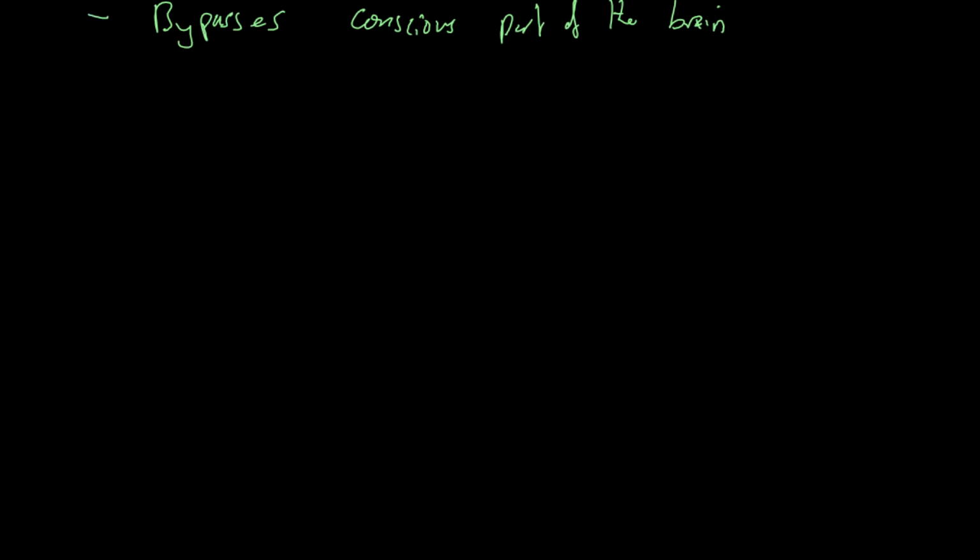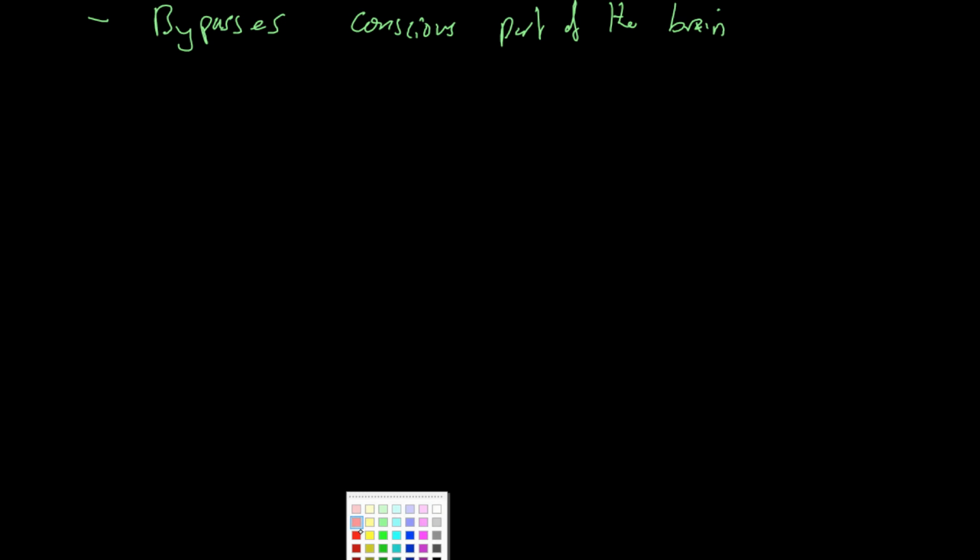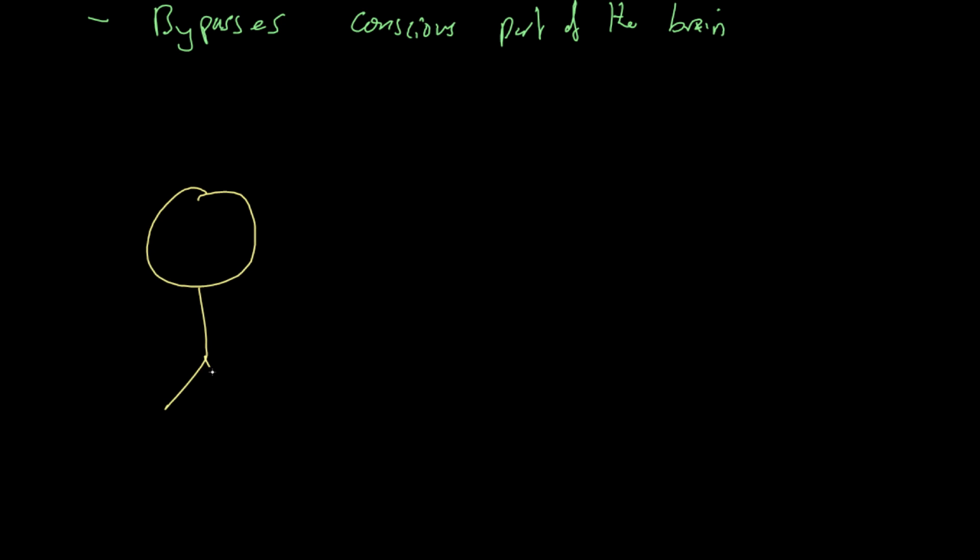Well, it's actually down to the type of neuron that we mentioned in the last video, known as a relay neuron. So let's say we had this guy, and he touched a cup of boiling hot water. So this cup is boiling hot.